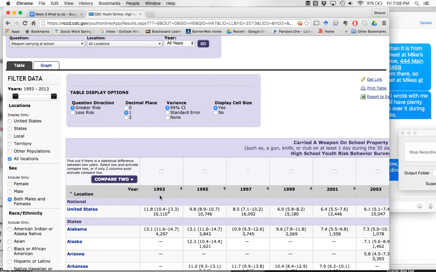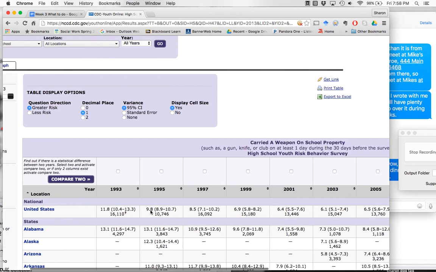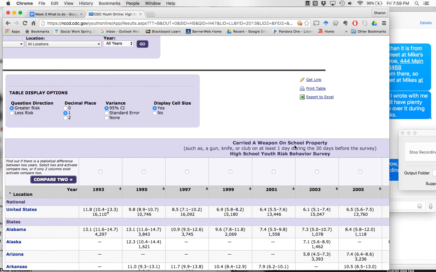So here in 1993, 11.8% of high school students reported carrying a weapon on school property. This is the operational definition of it. It's the question, such as a gun, a knife, a club, on at least one day during the last 30 days before the survey. So that's how they asked the question. So we can see in 93, 11.8% of students reported carrying a weapon on school property.